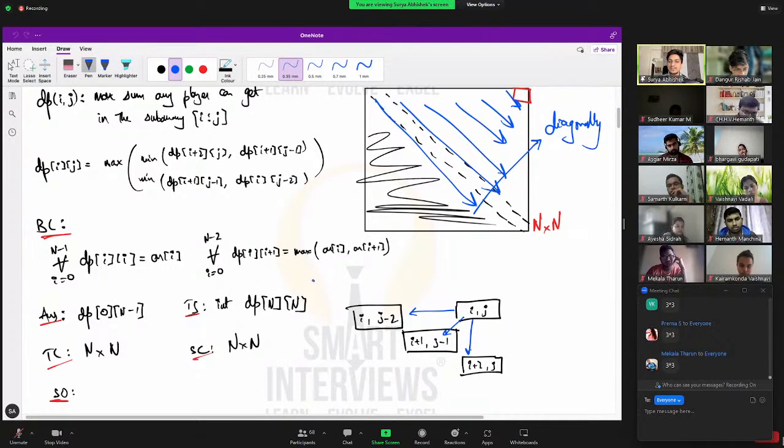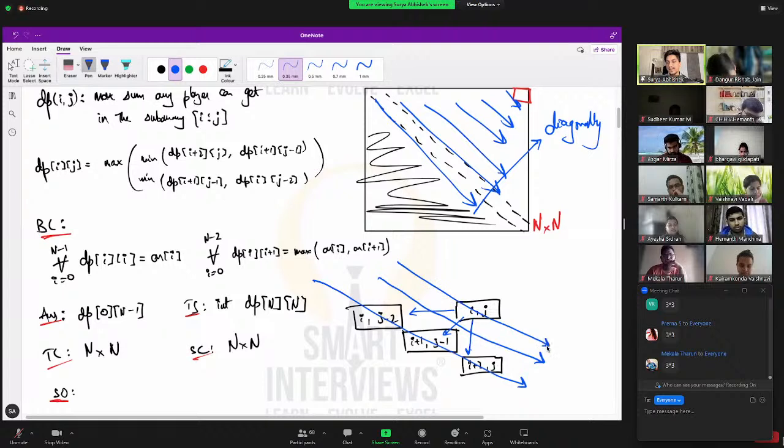You need to store this entire diagonal, and this entire diagonal. You need to store 3 diagonals, 2 previous diagonals and 1 current diagonal.